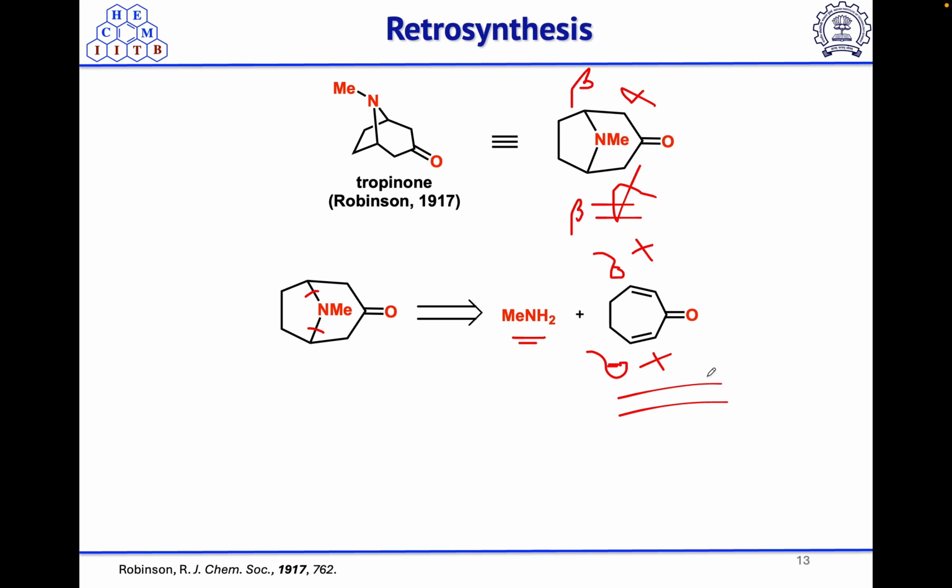We can do some known chemistry like the aldol reaction, which I already told you, to get this C-C double bond product.